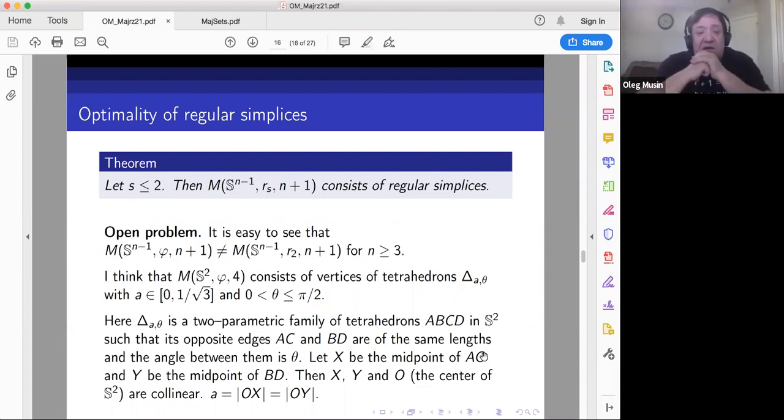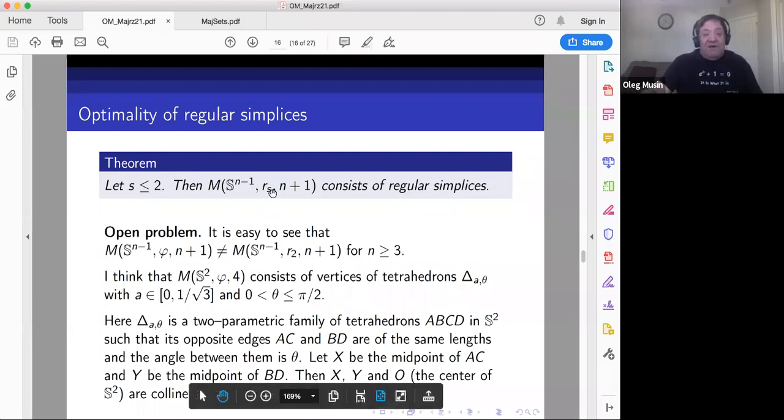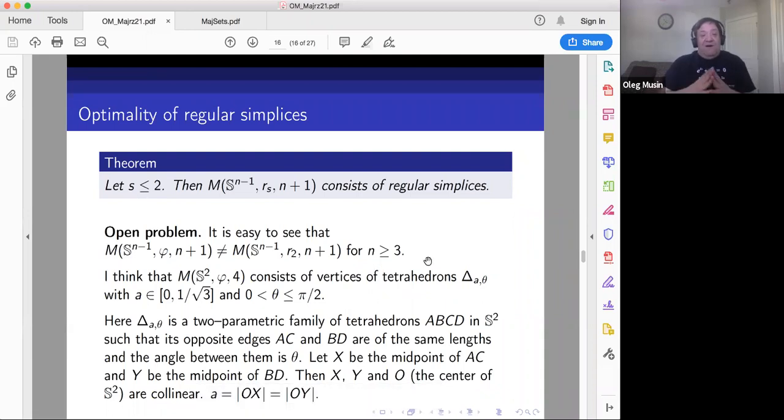The proof actually uses the positive definite properties. It is some linear algebra, not complicated, but it takes maybe 5 or 10 lines. However, what is interesting is that it is proved for s less than or equal to 2, but for angular distance, it is an open problem.